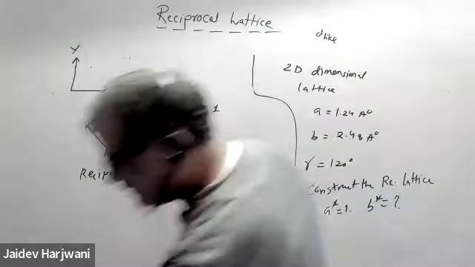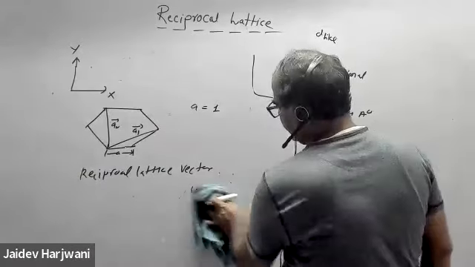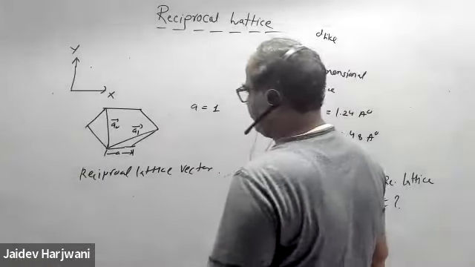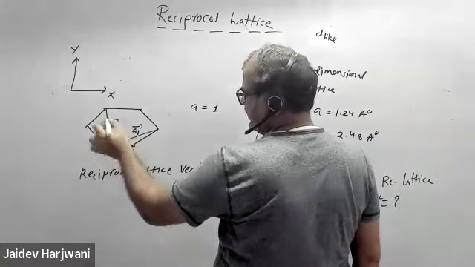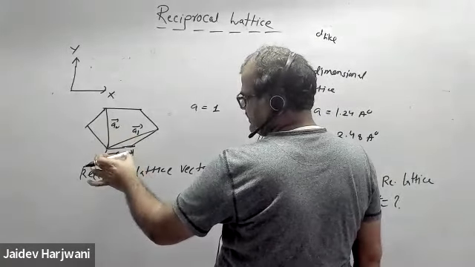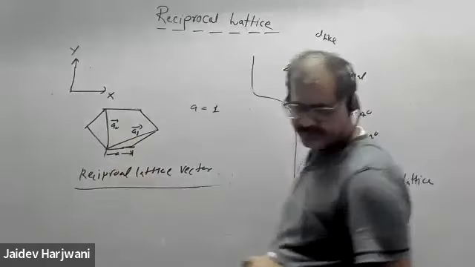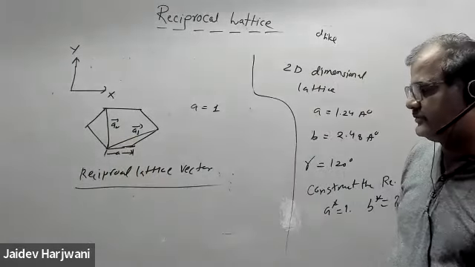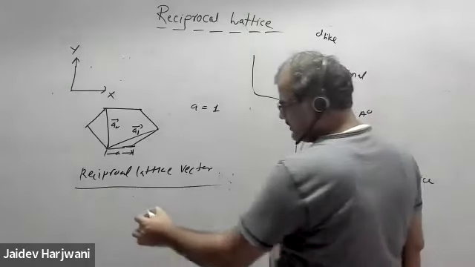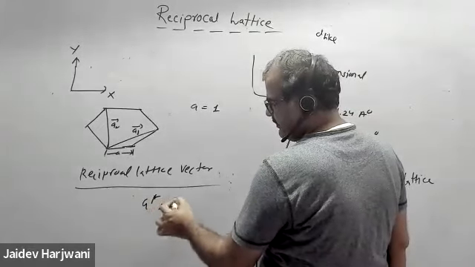Sir, can you repeat the question once more? So you have this lattice, for which the primitive vectors are a1 and a2, and the lattice spacing is a. Now you have to calculate the reciprocal lattice vectors. Reciprocal lattice vector means what? You have to calculate this A star and B star.